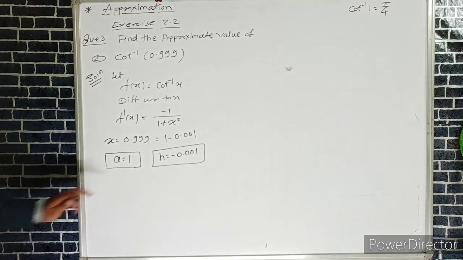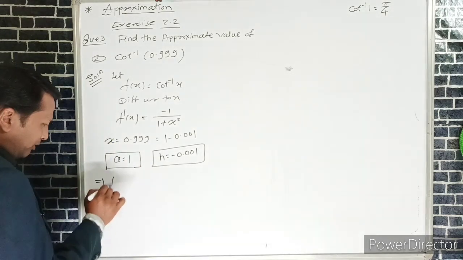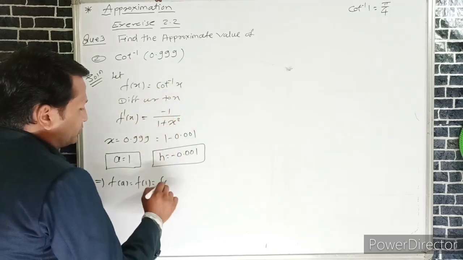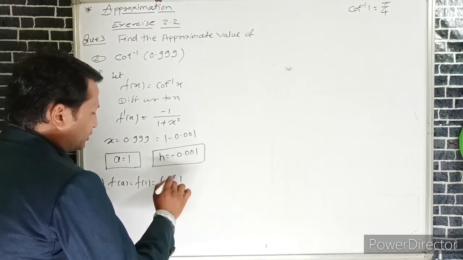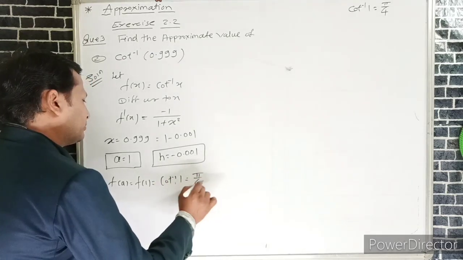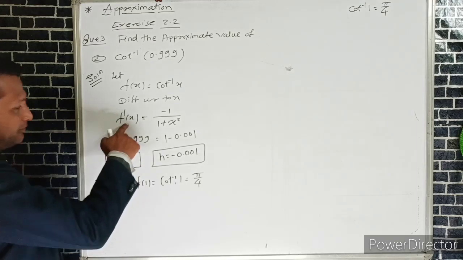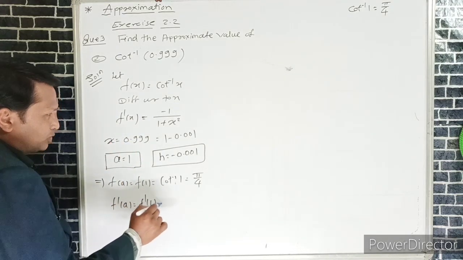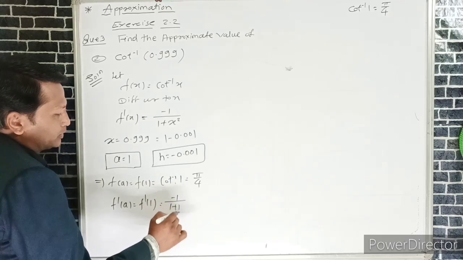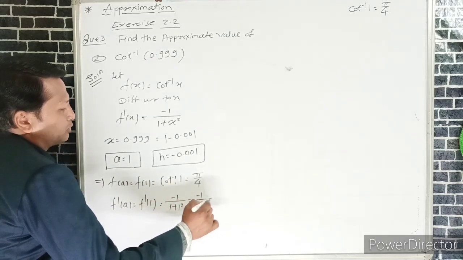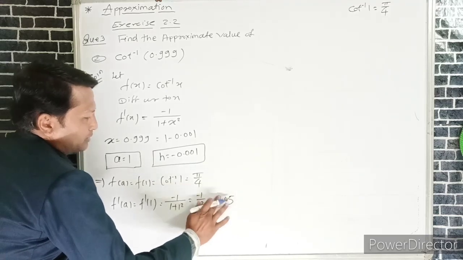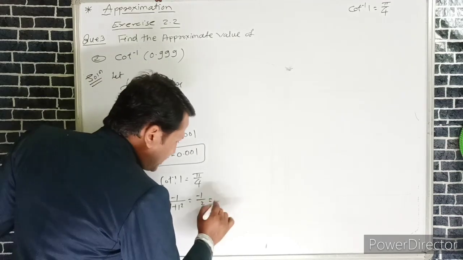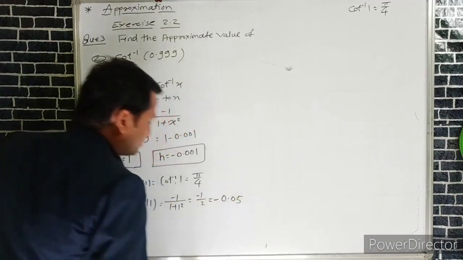We can write the value of f of a when a is equal to 1 is cot inverse 1, and the value of cot inverse 1 is pi by 4. Again f dash of a when a is equal to 1 is minus 1 upon 1 plus 1 square, which is equal to minus 1 by 2, means minus 0.5.